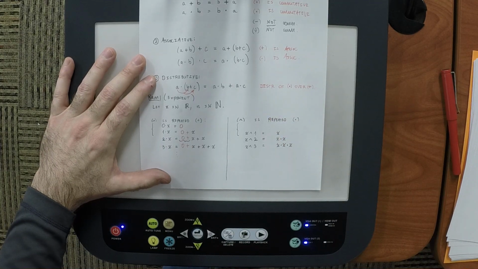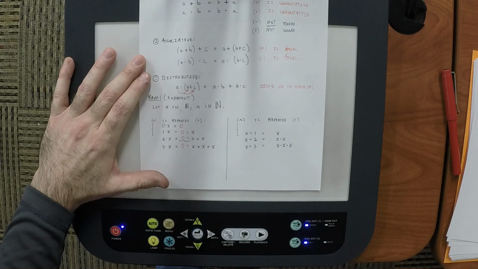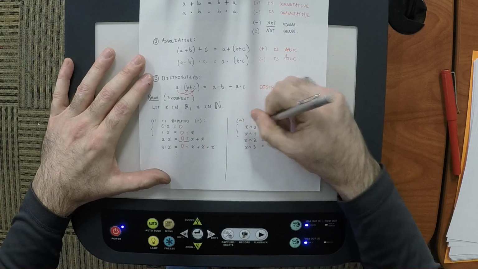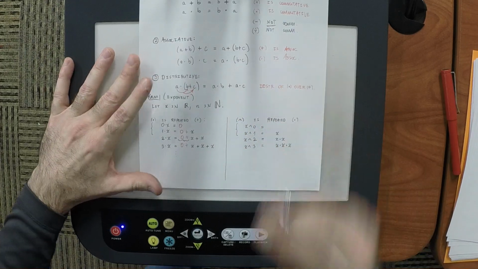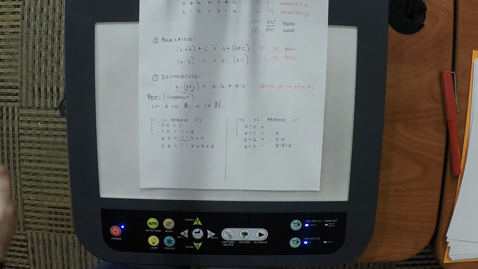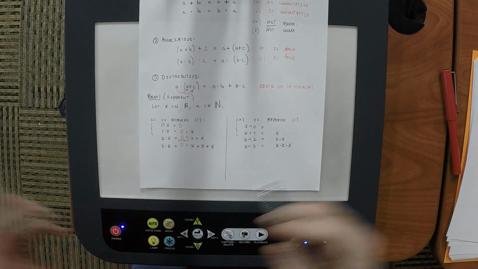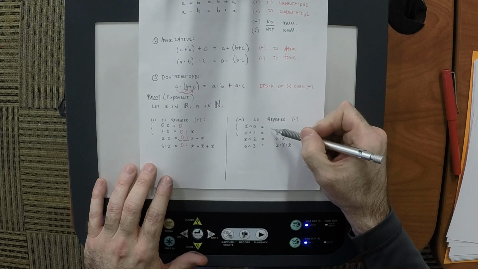And now we come to the problem. Now we come to the thing where it's like, okay, now what? So then x caret 0 is, well, we're supposed to make no copies of x and then multiply them all together. But if that's all of the instructions, then what do I write right there?